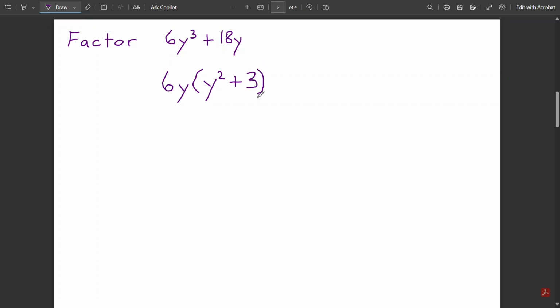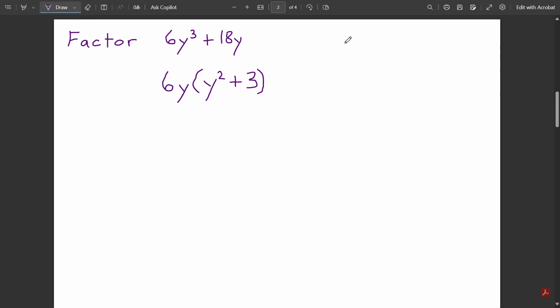Now you really can't factor this any further. In my last example, I'll show you something with factoring complex numbers, but we're talking like i square roots of 3, y plus i square roots of 3 times y minus i square roots of 3. I'm just giving you a little hint ahead. We really can't factor this and get real factors.